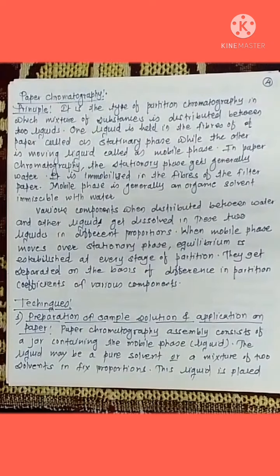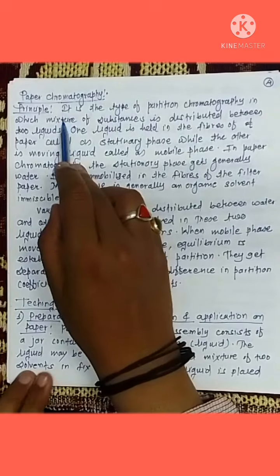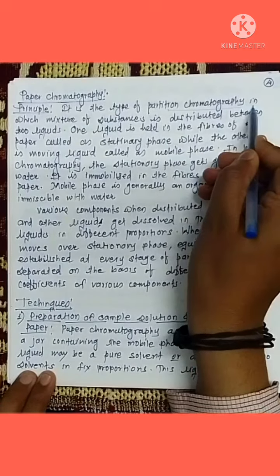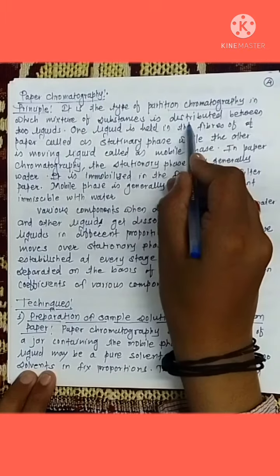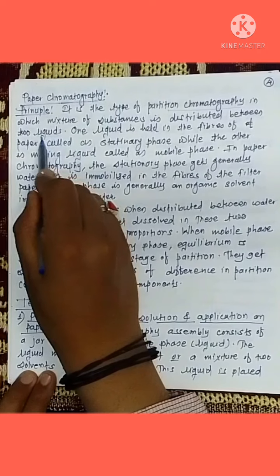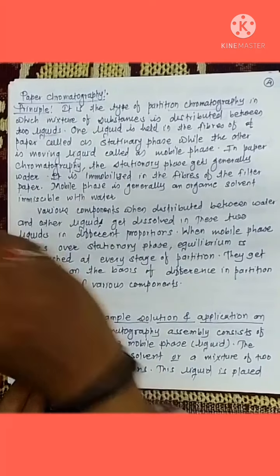So we are now going to discuss paper chromatography. Now what is the principle of paper chromatography? It is a type of partition chromatography in which a mixture of substances is distributed between two liquids. So it is a liquid chromatography.